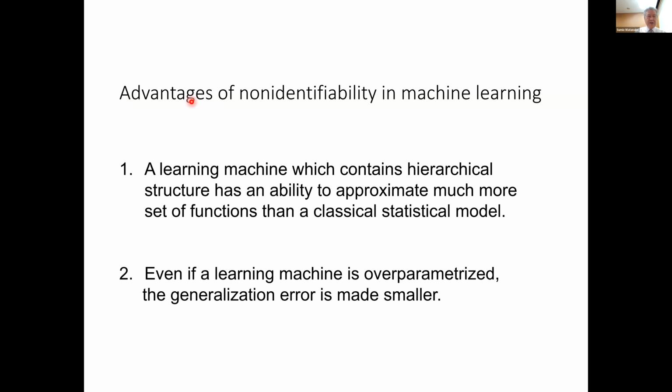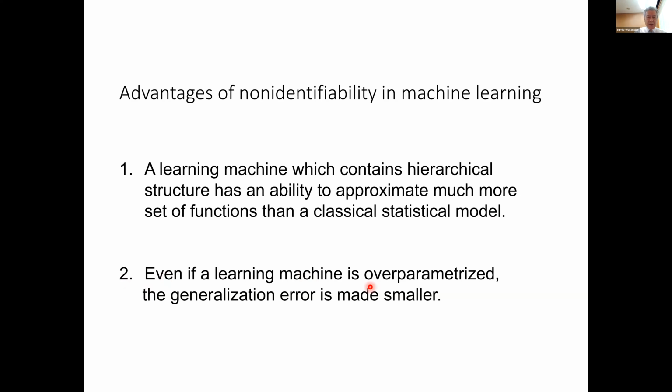So, advantages of non-identifiability in machine learning. These two properties are advantages. Learning machines which contain hierarchical structure have an ability to approximate a much larger set of functions than the classical statistical models.